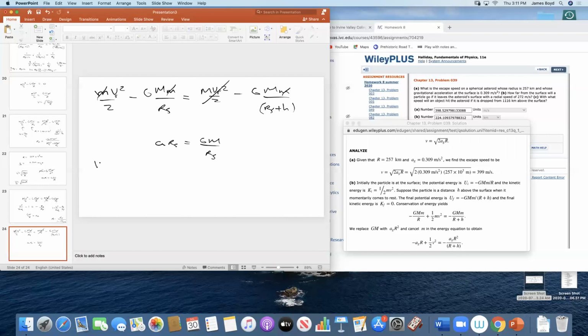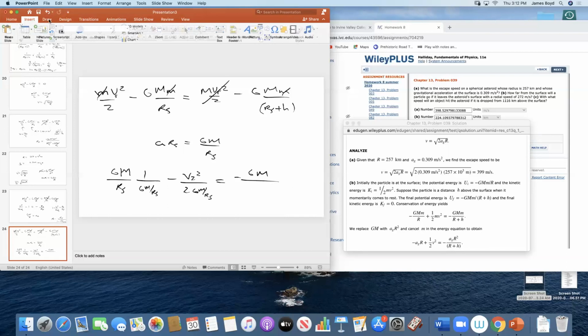So if I divide that, and furthermore, I'm going to multiply by 1, so I'm going to get GM over r the surface divided by GM over r the surface, which is ar, minus v squared over 2 times 2GM over r the surface is equal to minus GM over, oh, but I multiplied through by a minus sign, right?